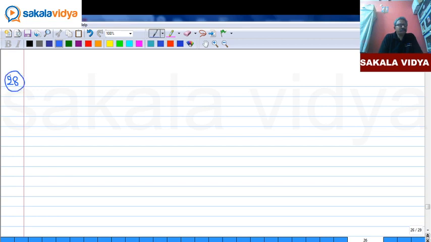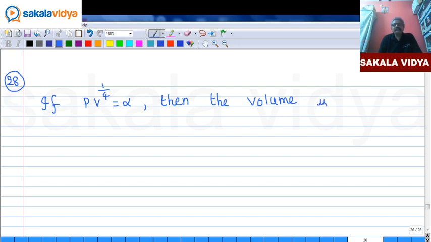Question number 28. If PV to the power of 1 by 4 equal to C, adiabatic process, gas law, then the volume is decreased by 1 by 2 percent.